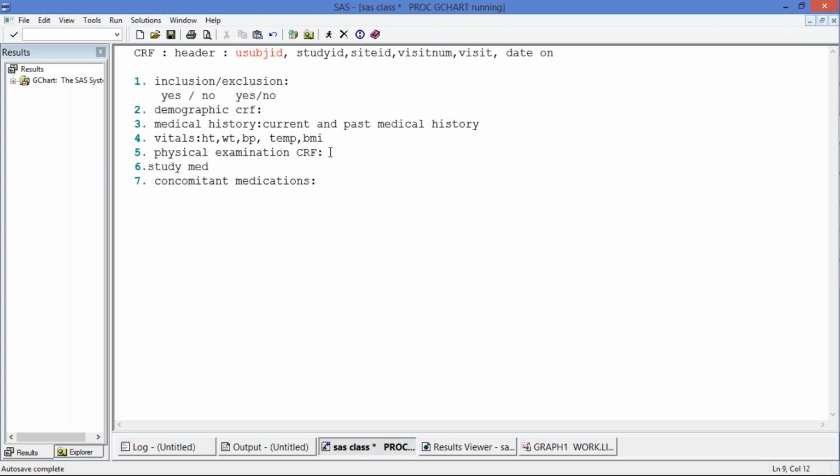Study medication means the research drug, the study drug details, the drug which is under testing, experimentation. Okay, so research drug details.